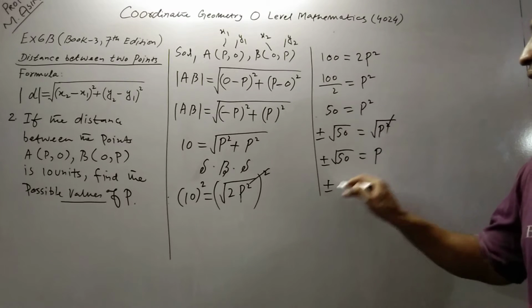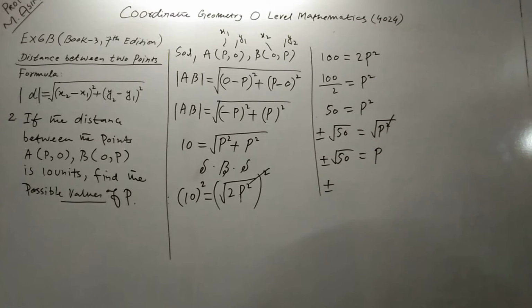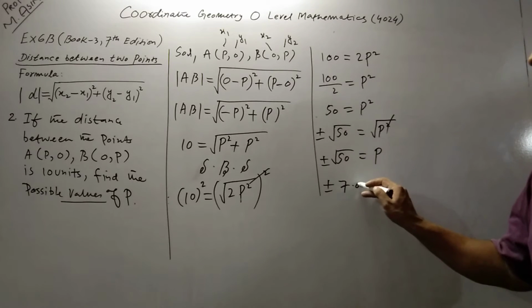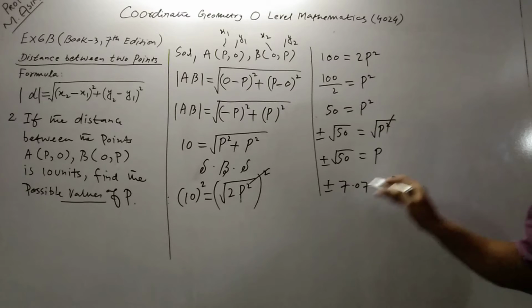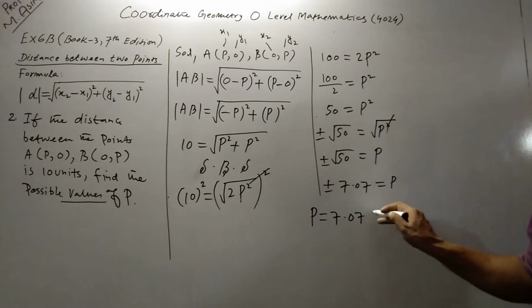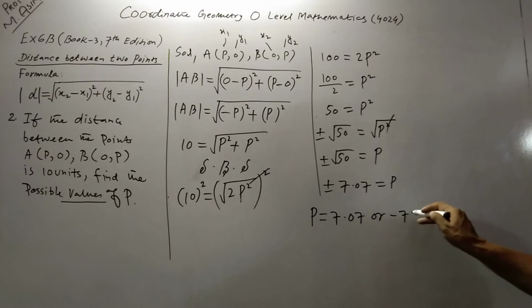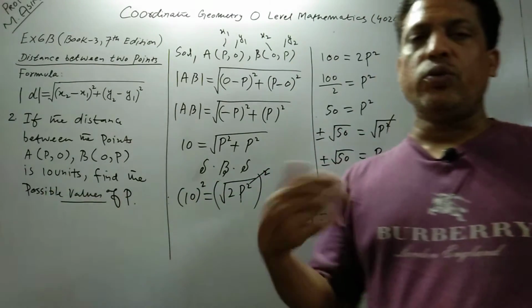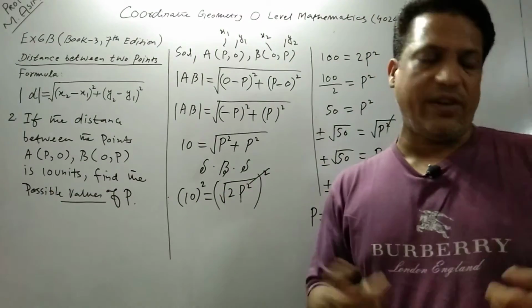And if you find the square root of 50 from the calculator, the answer is 7.07. So the value of p is 7.07 or minus 7.07. That's why they ask you to find the possible values. Values means more than one value.